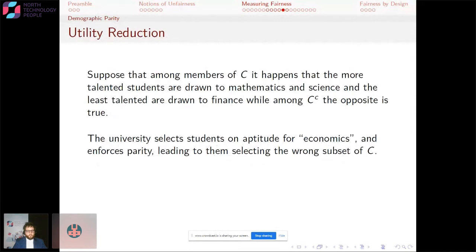But the thing is, you can hide a lot of that under this consistent parities. And here's an example.